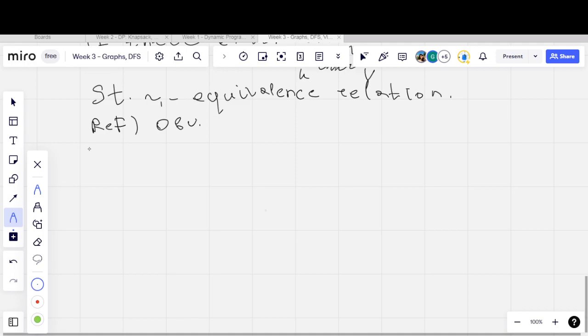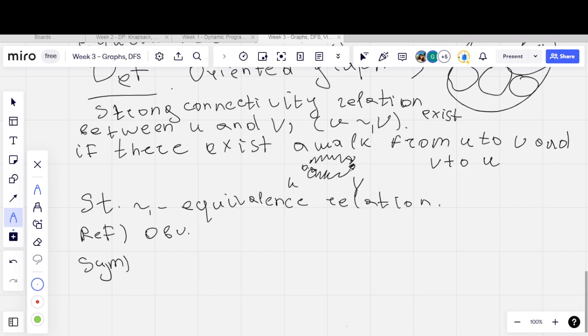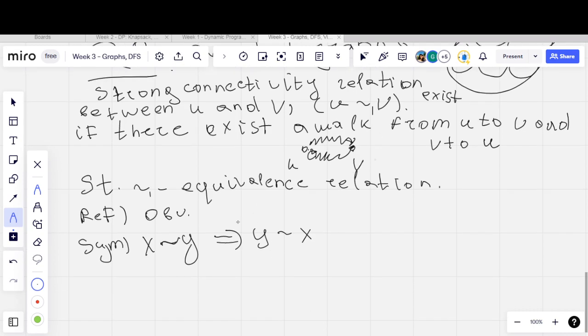There's symmetricity, because in our definition, if we have some way from x to y, then we have a way from y to x because of our definition.